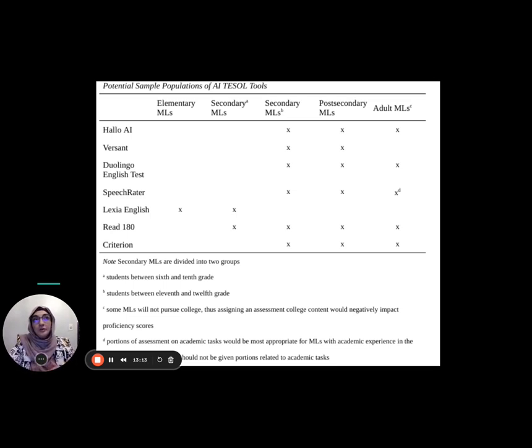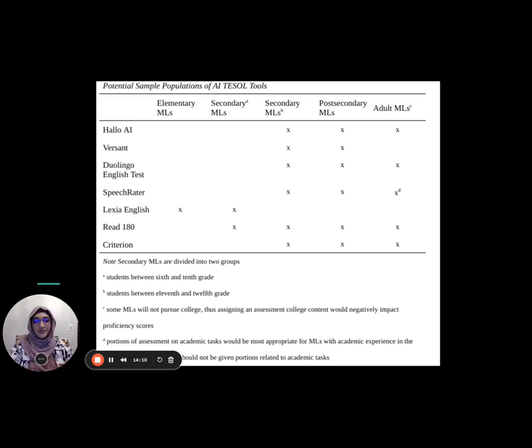It's important to note that these assessment tools are most effective when they're used on specific populations, and the populations are not divided by age groups. So some assessment tools will be more effective on post-secondary multilingual learners, whereas other assessments will be more effective on elementary MLs. And it's also important to note that secondary MLs are divided into two groups here because some of the assessments are geared more toward academic skills for college readiness, and other assessments are not.